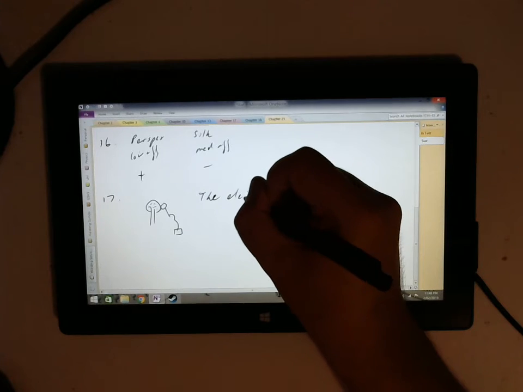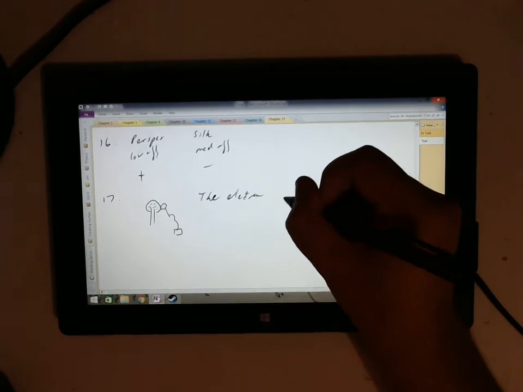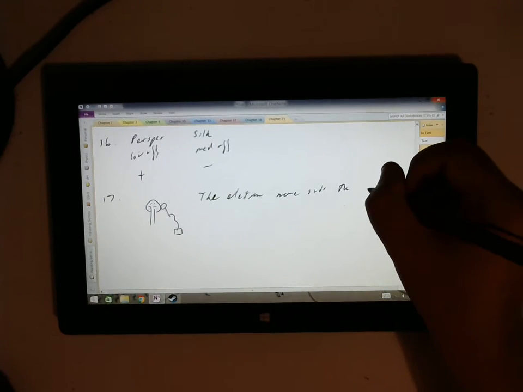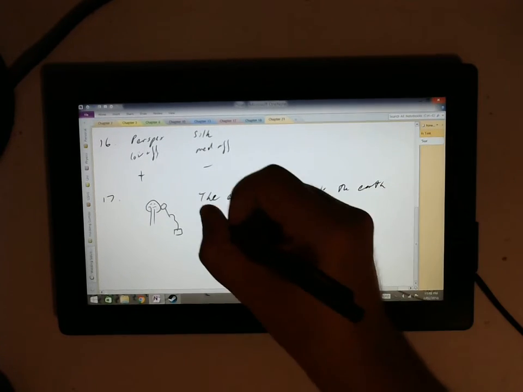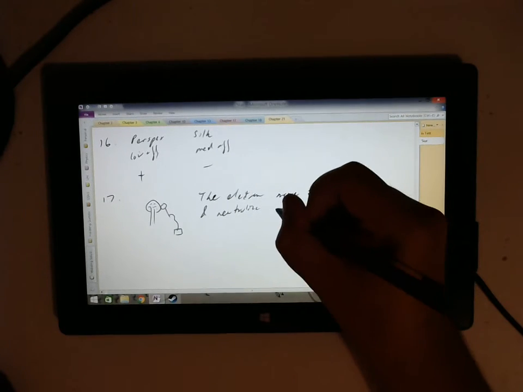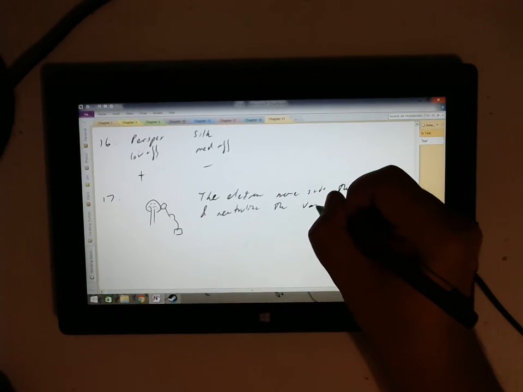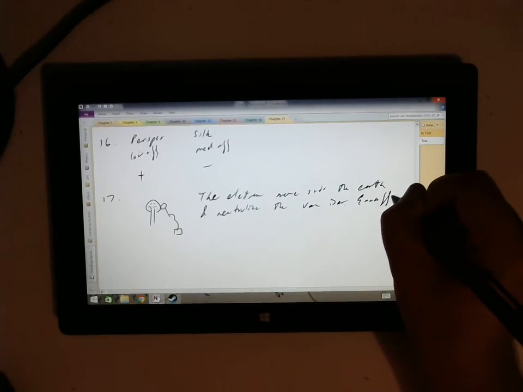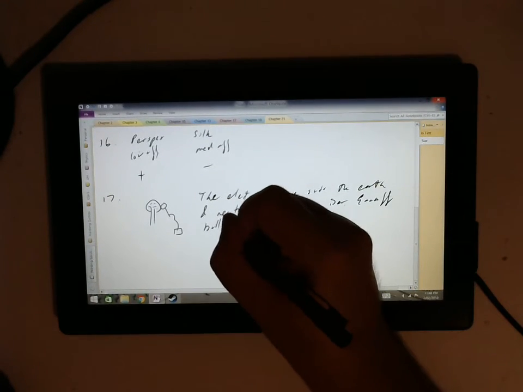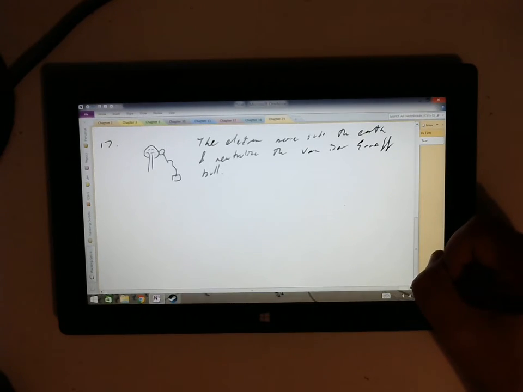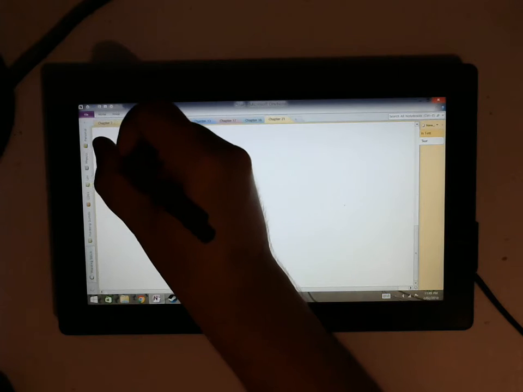The electrons move into the earth and neutralize the Van de Graaff ball. Okay, it's all about that little movement of electrons, so it wants to go from areas of high density to areas of low density.